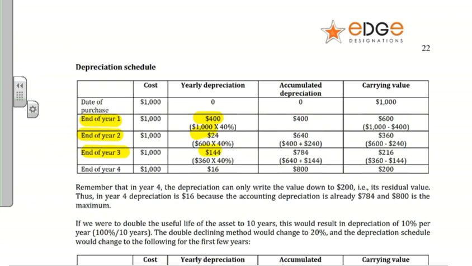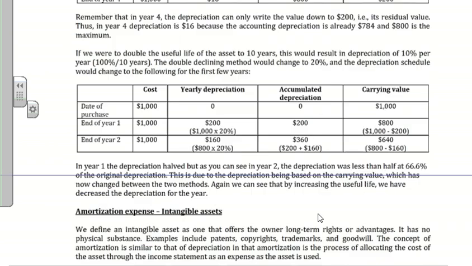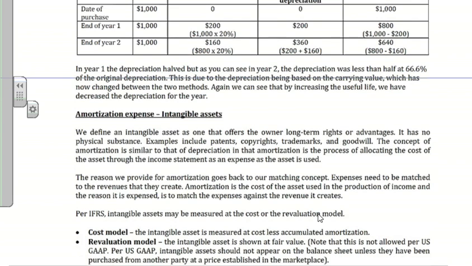It gets smaller and smaller and smaller. But again, guys, that is something that we're going to see when we get to the specific examples in the long-lived assets section, and that's obviously something we will do when we get to that very specific section over there. As I said, I'm not going to spend much more time over here. All of this will be handled in the long-lived asset section.